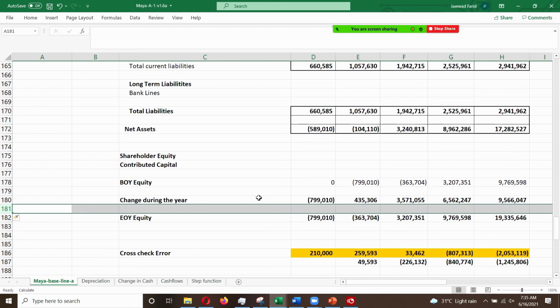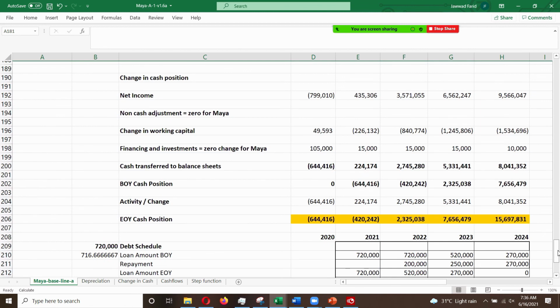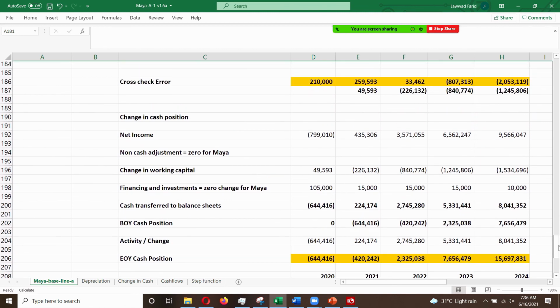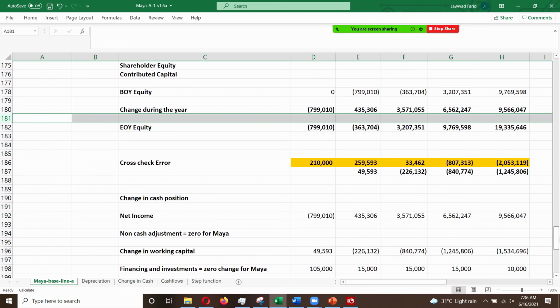So we've done that for retained earning and equity, and we've done that for cash. Okay. Unfortunately, our numbers are still off. There is still a difference both in net asset and equity calculations, but we'll solve this when we address GEMS.